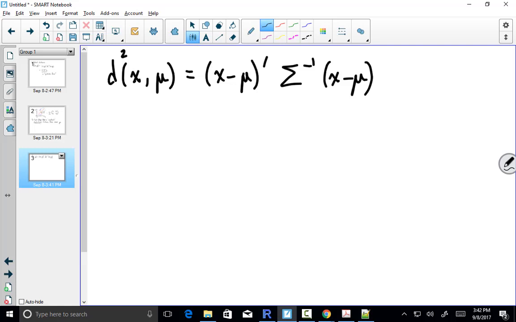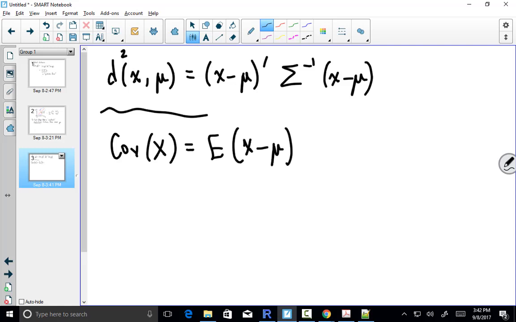What we just wrote down was that the covariance of a random vector x is the expected value of x minus mu times x minus mu transpose. So those two things kind of look similar, but there's a distinct difference.